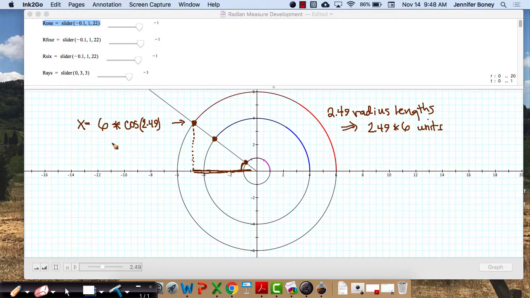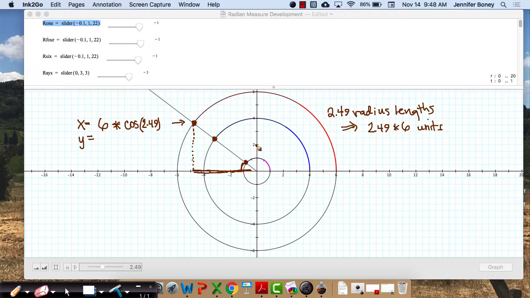If I want to talk about the y-coordinate of that same spot, it utilizes the sine function. Again, if you're thinking about triangle trig, sine is opposite over hypotenuse, but we're talking about the y-coordinate here. I want to know what this vertical distance is.